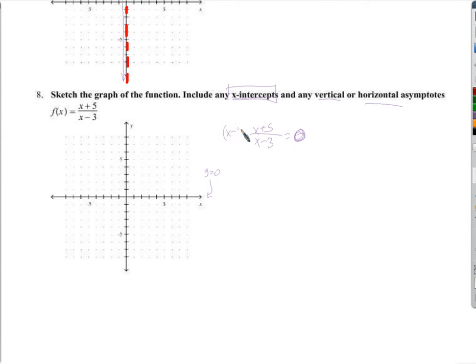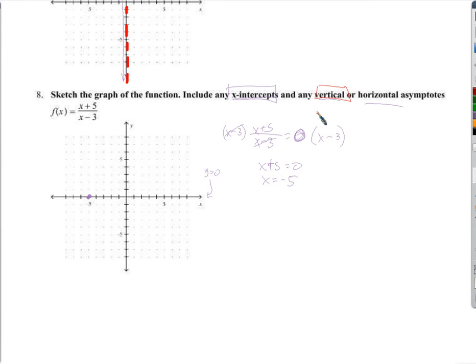Well, here we will multiply the left and right side by x minus 3 to cancel out these denominators. 0 times x minus 3 is going to be 0, so it turns out that the numerator is the only thing that needs to be 0. And if x is negative 5, that will happen. So there is an x-intercept.